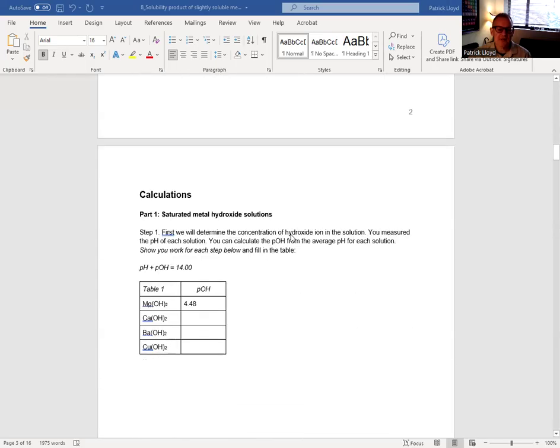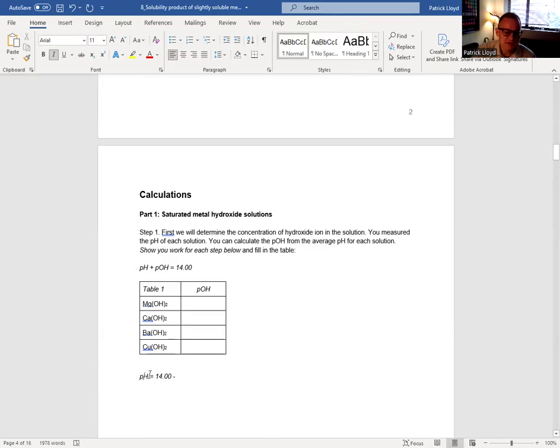So we're going to come down here and let's do this calculation. I already have the number there, but let's do the calculation itself. So the pH plus the pOH is equal to 14. So if we know the pH, we can find the pOH from this formula here. Sorry, we're trying to find pOH.